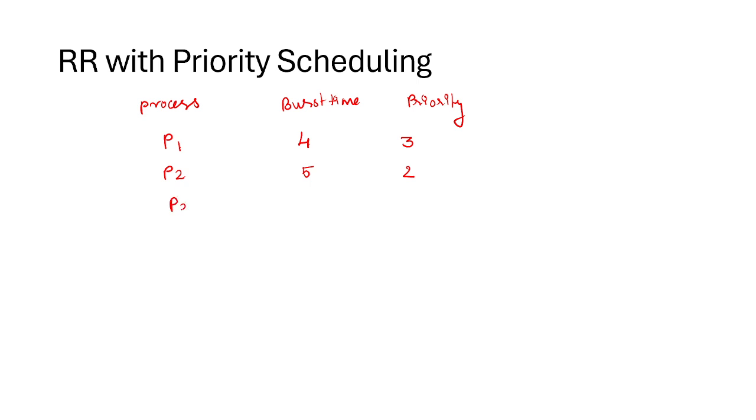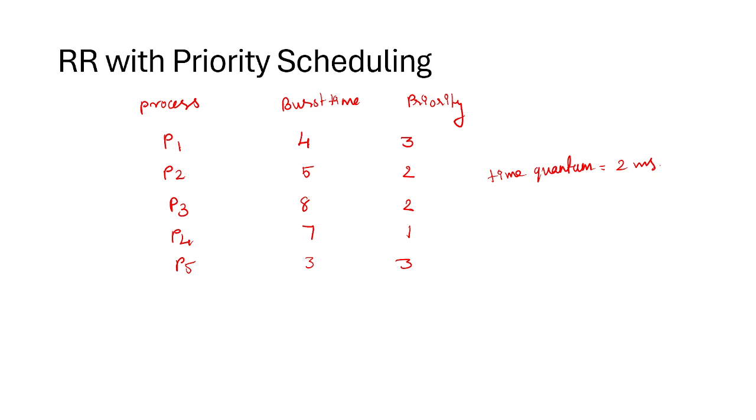For process P3, the burst time is 8, the priority is 2. For P4, it is 7 and 1. For P5, 3 and 3. For round robin we need the time quantum, which is equal to 2 milliseconds, so every 2 milliseconds a new process has to be scheduled.